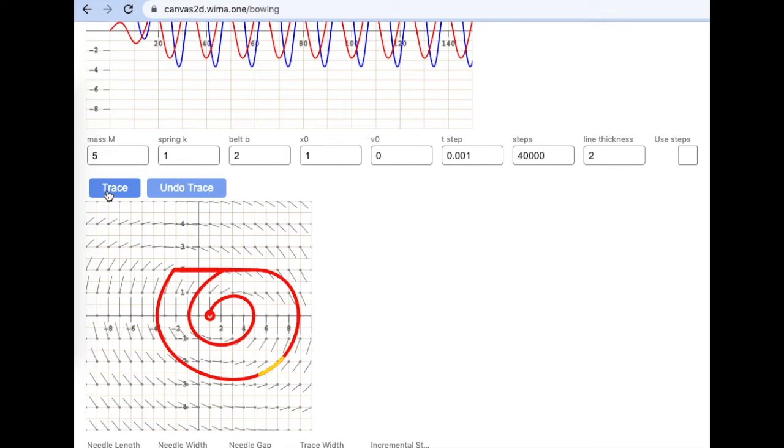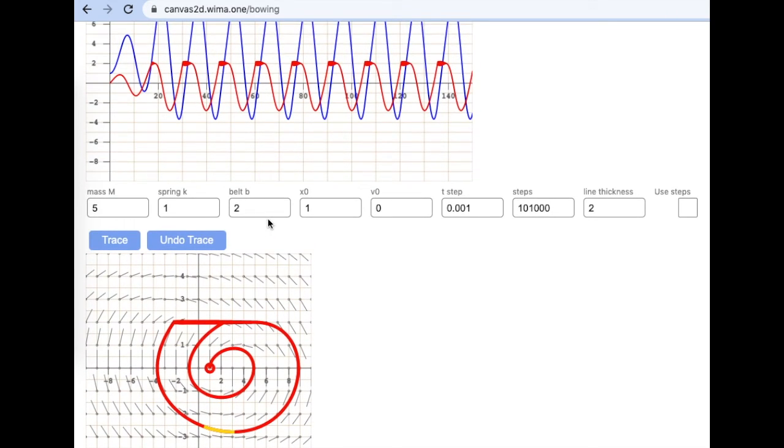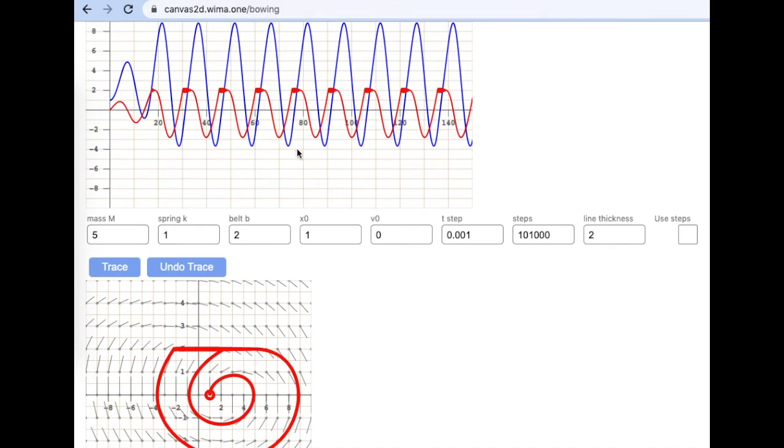So what we see here is the state of the system ends up in a cycle. This cycle is the limit cycle of the system. When you see a cycle like this, it corresponds to a periodic graph like this.